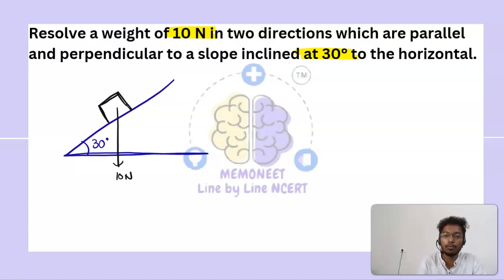If we want to find the direction perpendicular to the slope and parallel to the slope, in this direction it is perpendicular to the slope, and in this direction it is parallel to the slope.